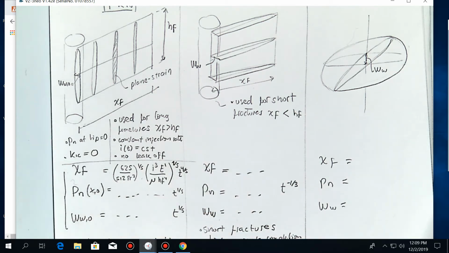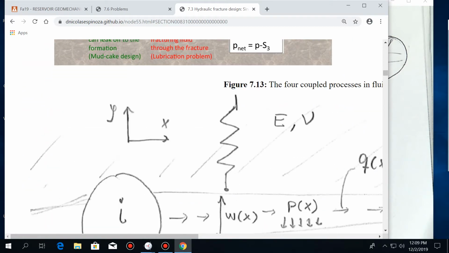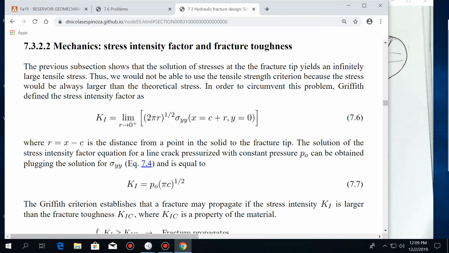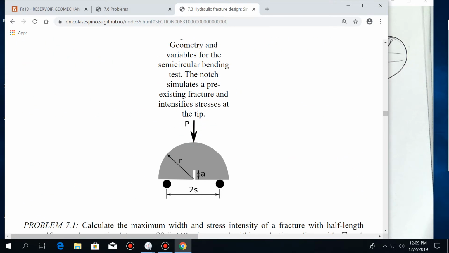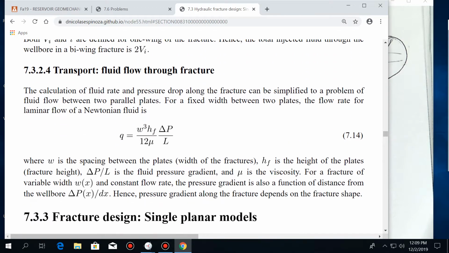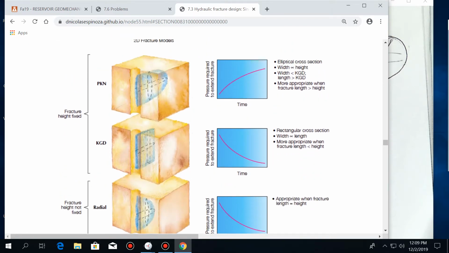So let me switch here to my notes that are a little bit more developed than what I have over there. But again, everything is here, and it's relatively short, so I recommend that you read all of this, and we get to these models that we mentioned before.